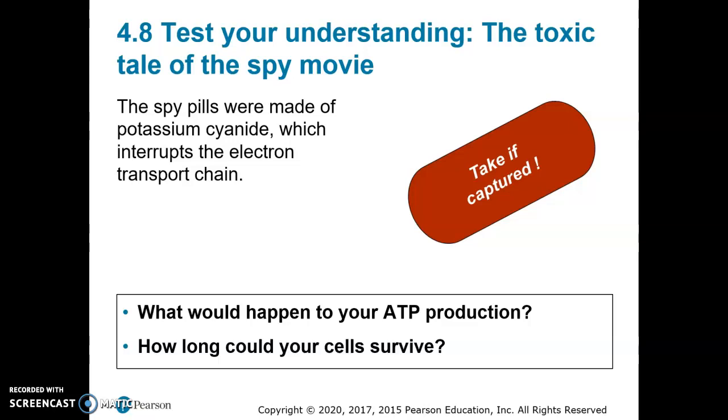You guys, cyanide is incredibly poisonous, and what it does is it stops the electron transport chain. It interrupts it or stops it. And so the question here is, what would happen to your ATP production if in fact the electron transport chain was interrupted, and how long could your cells survive?